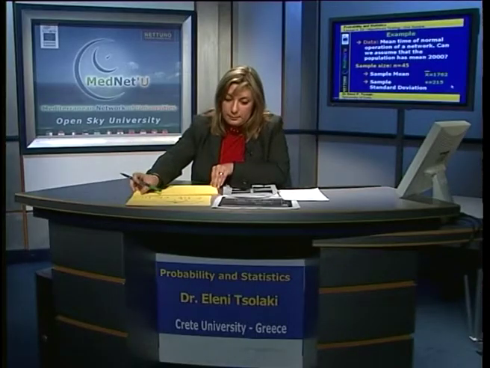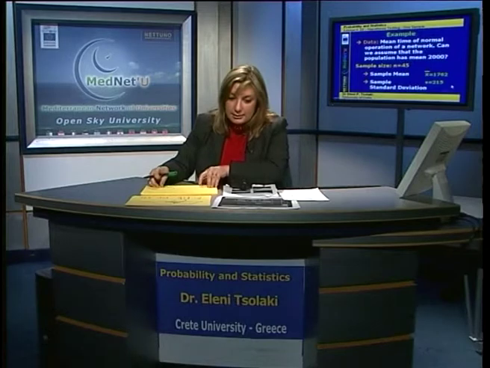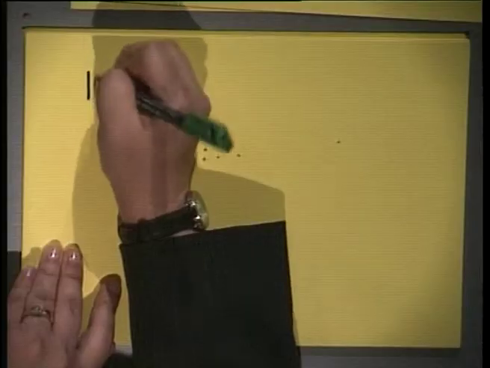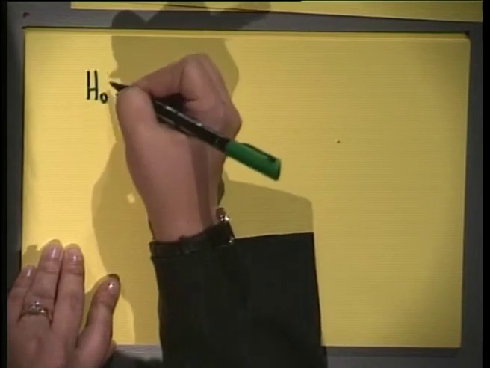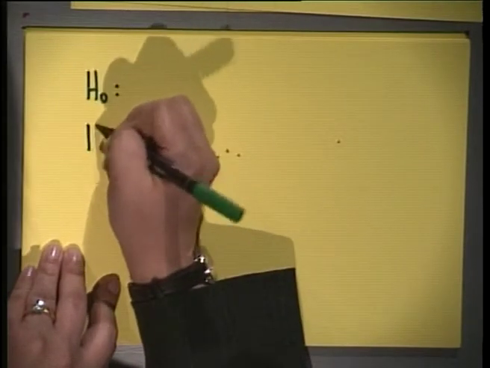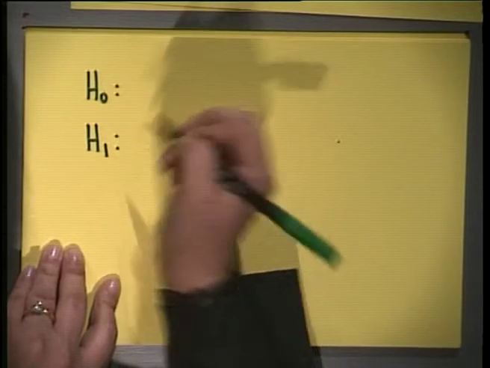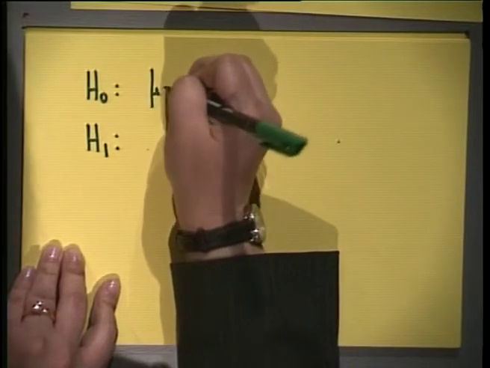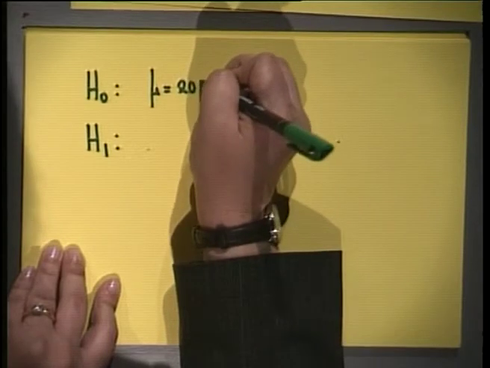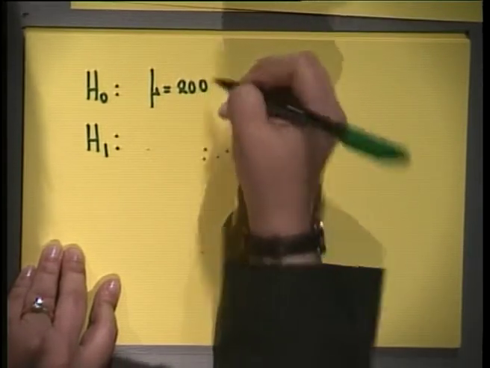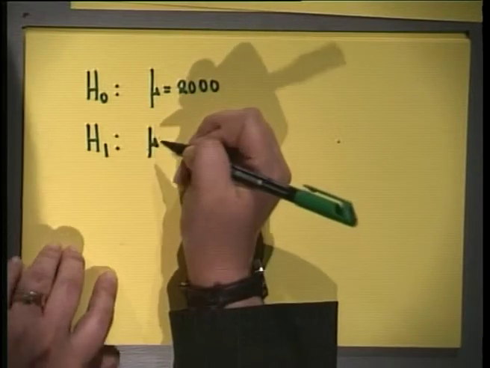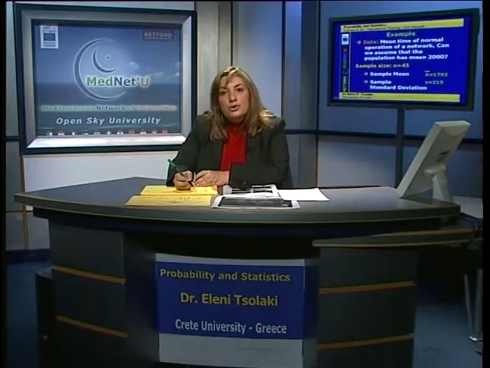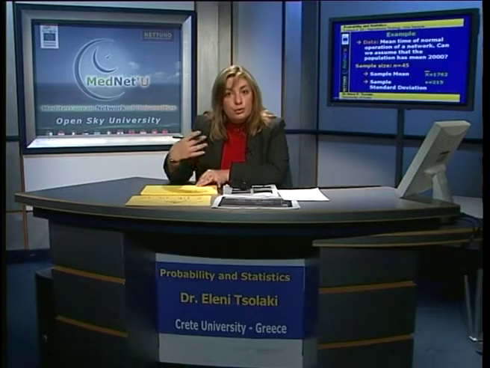Now, when we start to write hypothesis testing, we always need the null hypothesis and the alternative. The alternative here is going to be one-sided to see how we can work with one-sided.